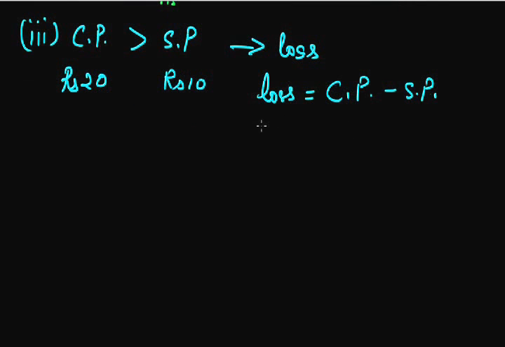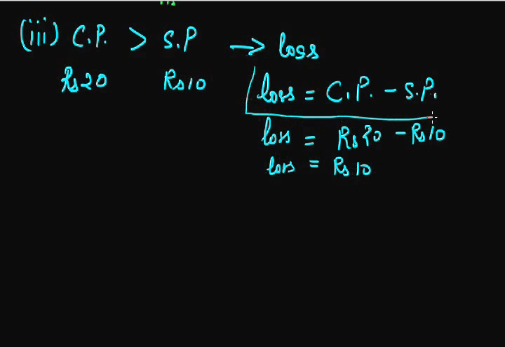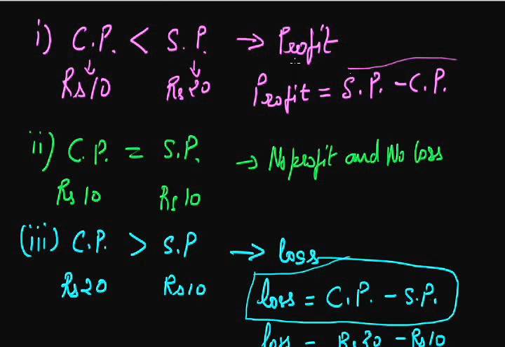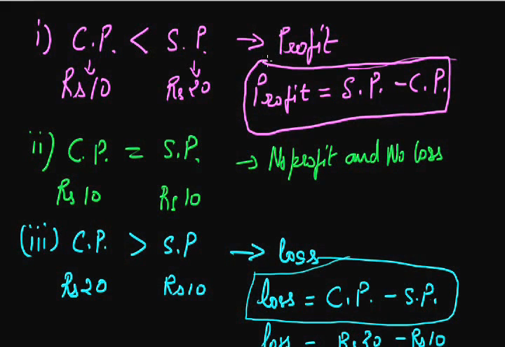Here you can see that the loss is rupees 10, since the cost price is rupees 20 and the selling price is rupees 10. And when the cost price was less than the selling price, we were having a profit.